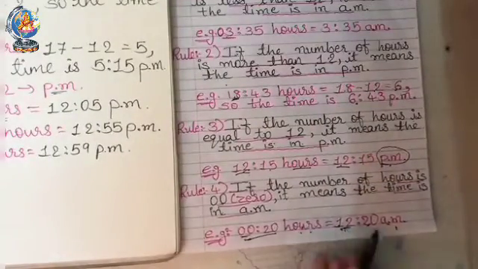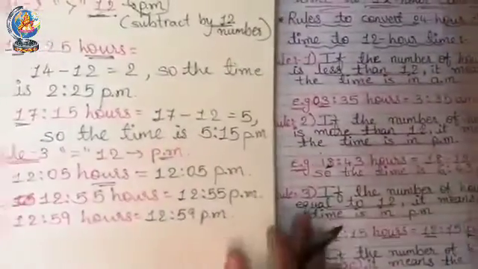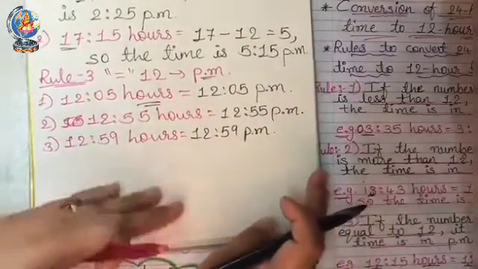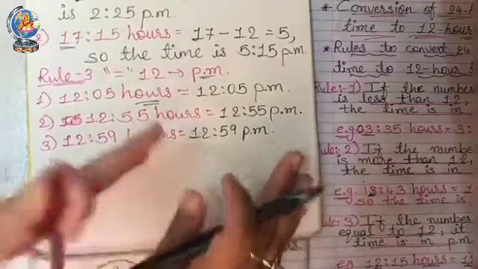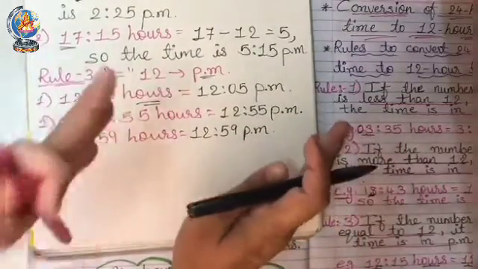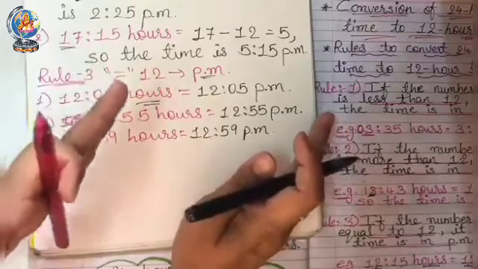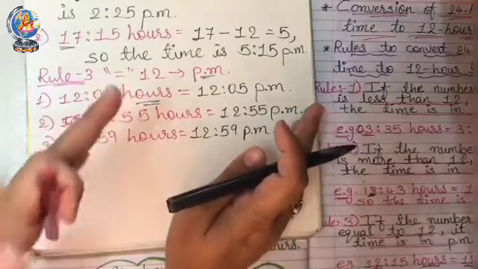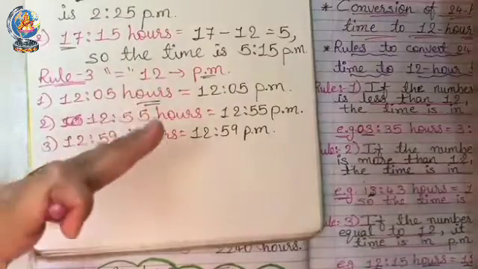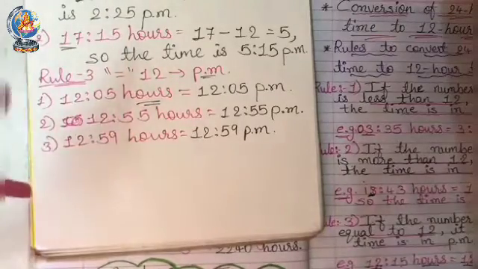Okay. Rule 4 is specially for midnight 12 o'clock, before 1 o'clock. Rule 4 is specially for that time duration. Remember this thing: Rule 4 is specially for midnight 12 to before 1 o'clock. Fine.